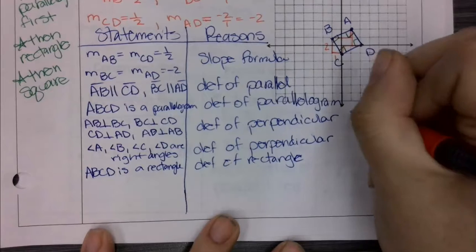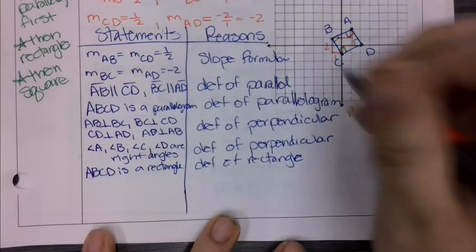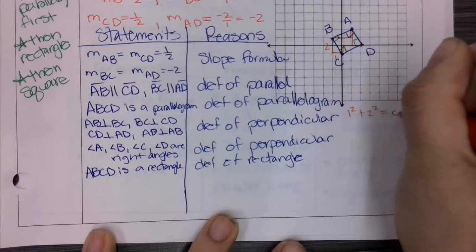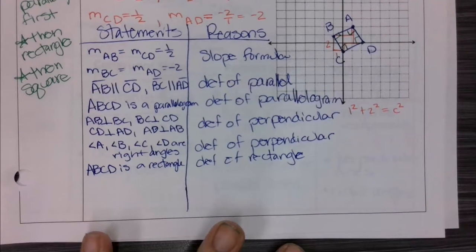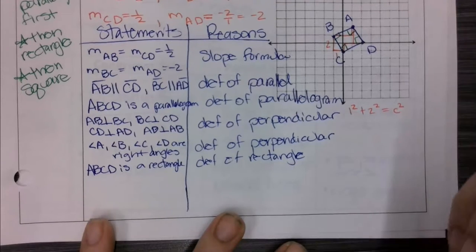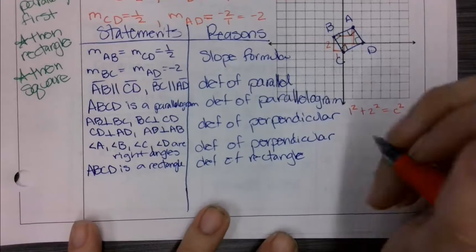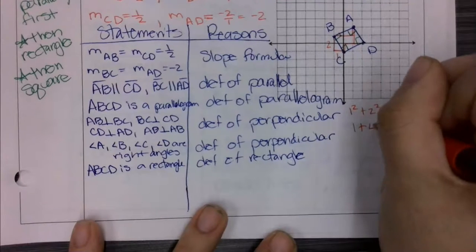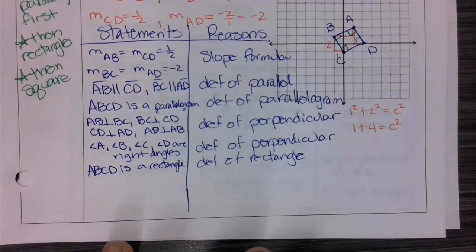So then I'd use the Pythagorean theorem to find out the blue length, which is C. What's 1 squared? 2 squared? C squared is C squared. And then what's 1 plus 4?